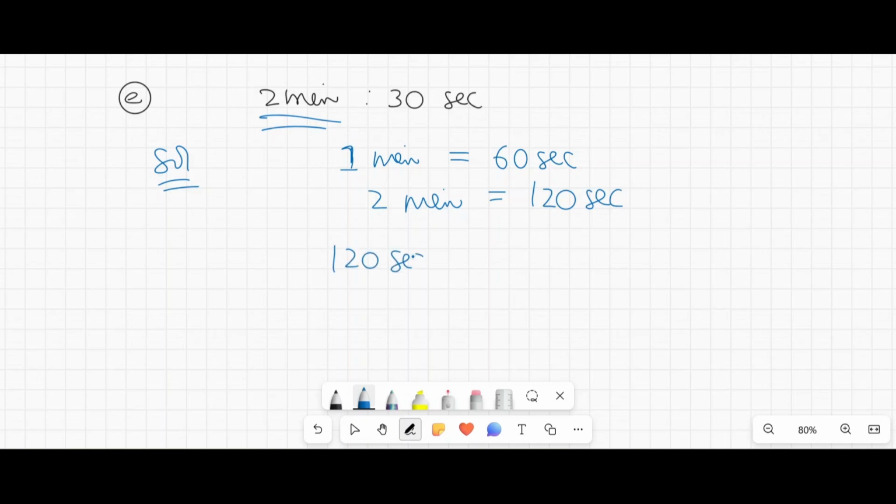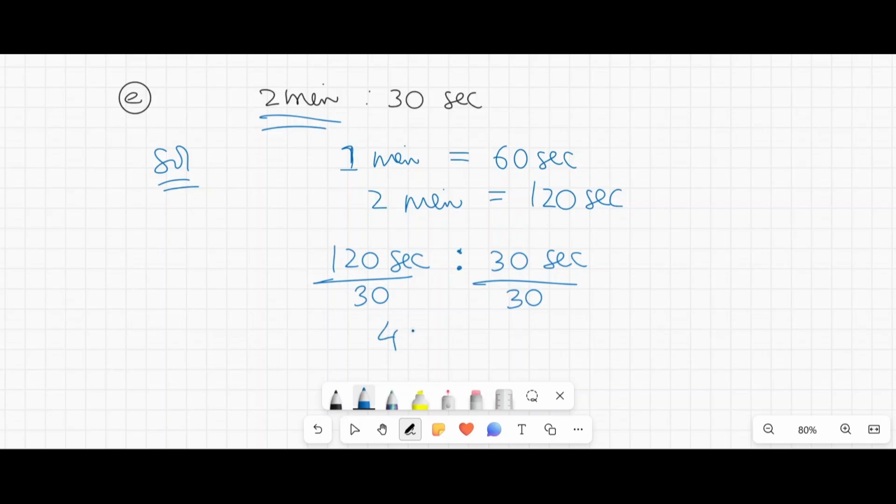So 120 seconds ratio 30 seconds. You can divide both sides by 30. So what will you get on that side? 1, 2, 3, and 4.